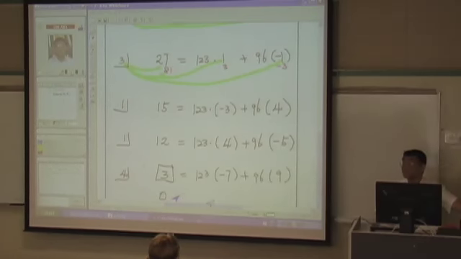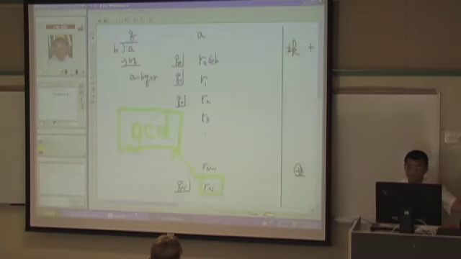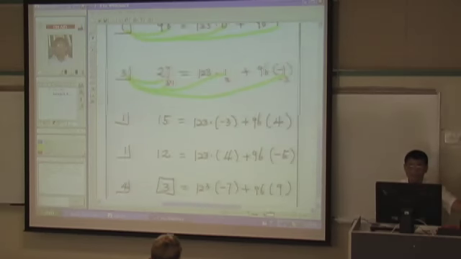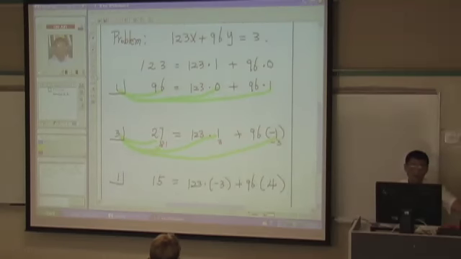Any other questions? Then let's write the abbreviated version. I don't want to write, so this is what I will do. I already showed you last time, but I had a plan to abbreviate. I don't want to carry these numbers all the way down.